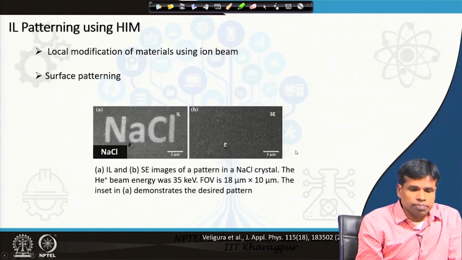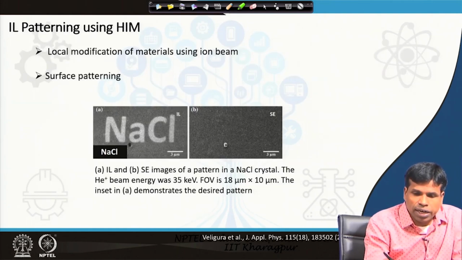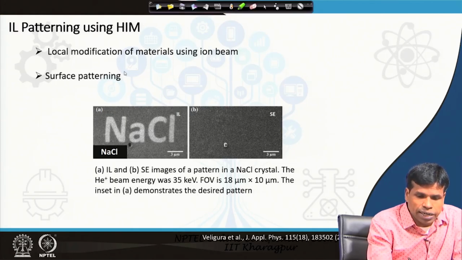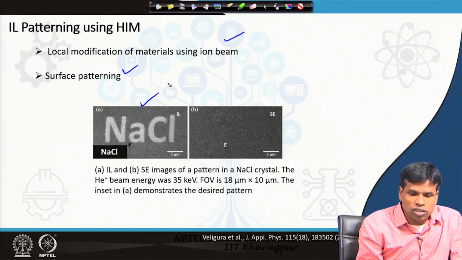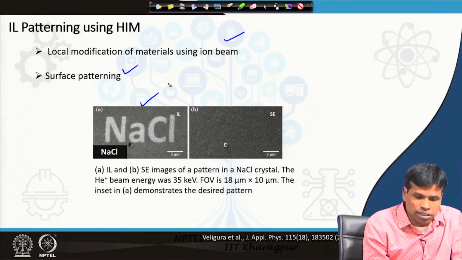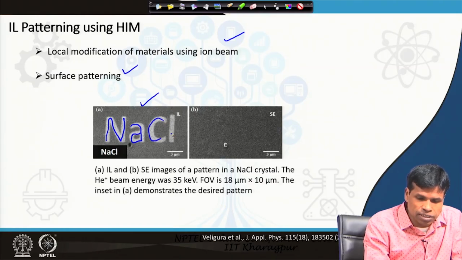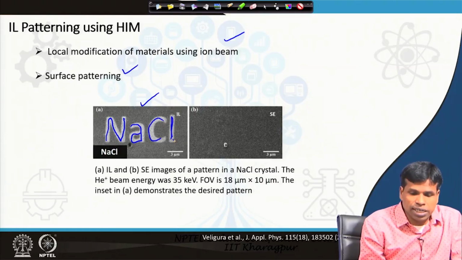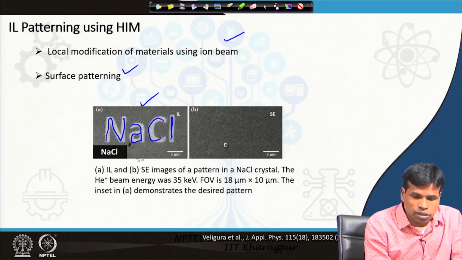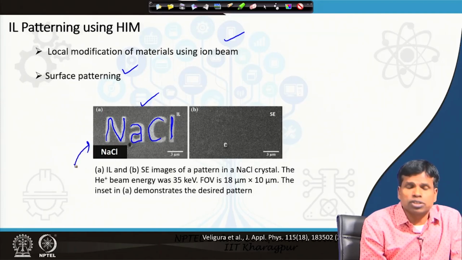One can also do patterning, local modification of the material using the ion beam, and surface patterning can be done. In this case, as you see, it is a sodium chloride crystal. On the sodium chloride crystal, first the ion beam was made to scan in a manner like this, of a particular size. After it gets scanned, that is how the local modification is done.